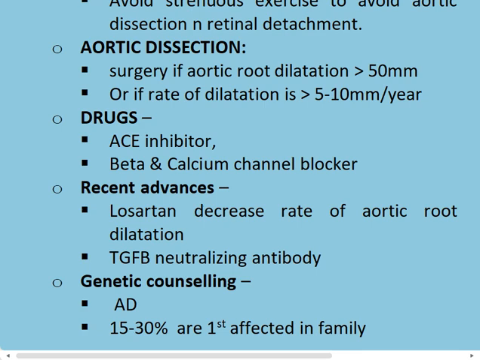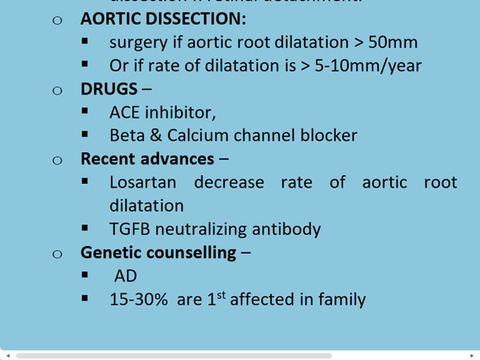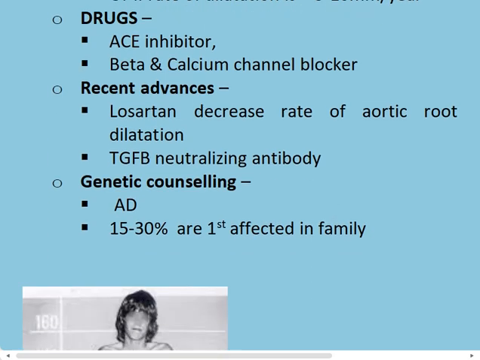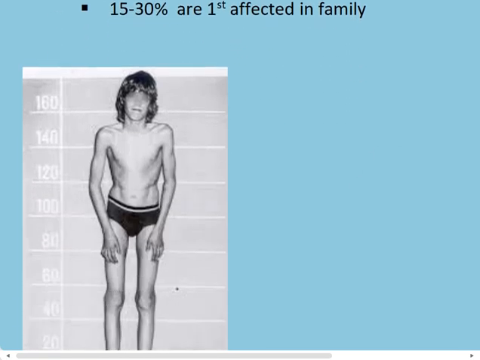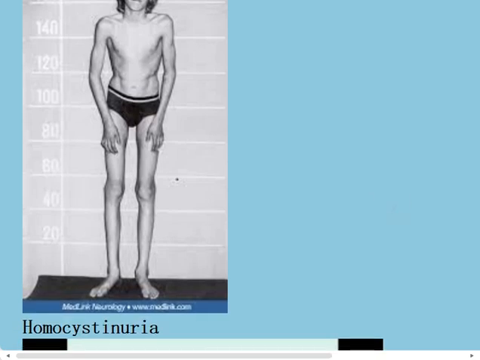Recent advances: losartan decreased the rate of aortic root dilatation, and TGF-beta neutralizing antibody. For genetic counseling, it is an autosomal dominant disorder, and 15 to 30% are first affected in the family, so history cannot always be positive.